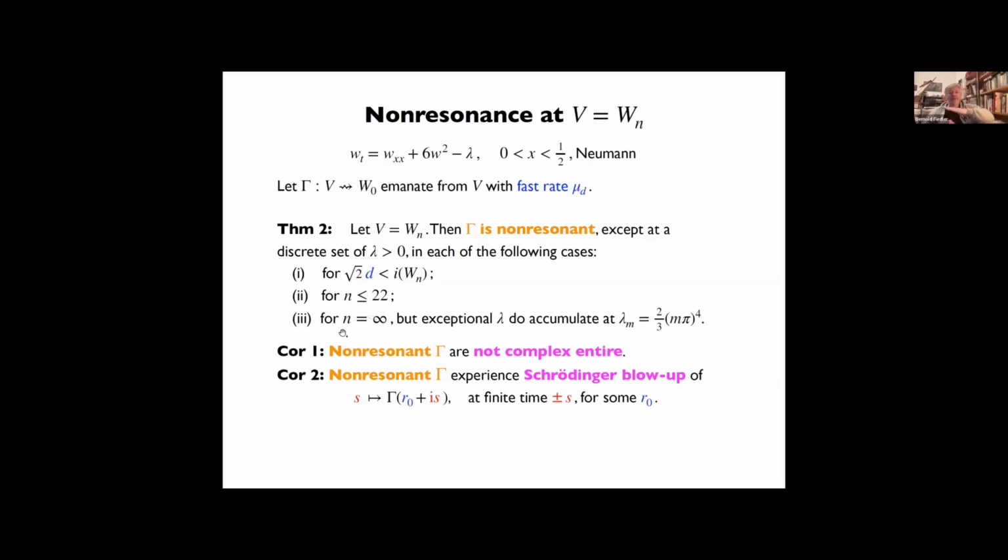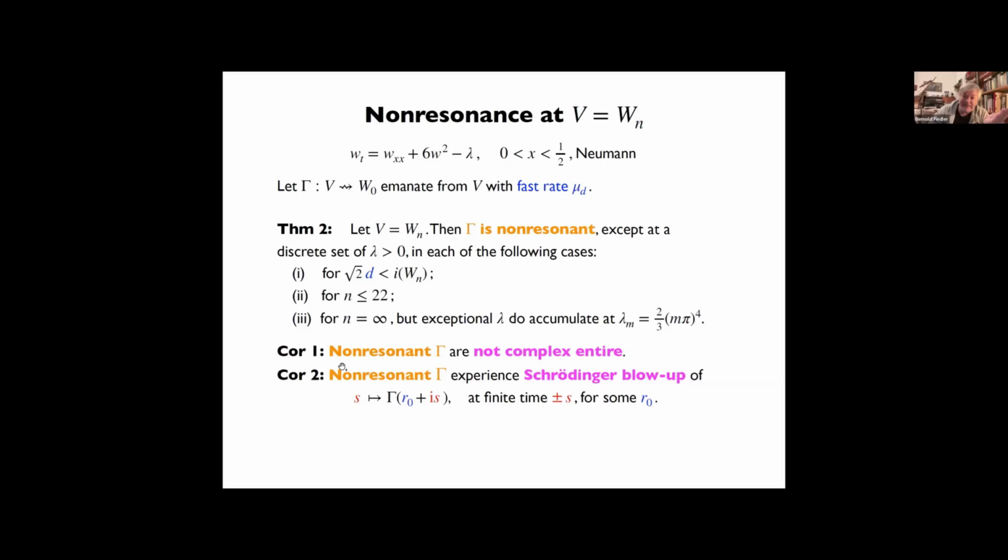And for the homogeneous solution, it always works, except for a discrete set of lambda, which in the case of the homogeneous solution does in fact accumulate at the bifurcation points. So with this locally finitely many, or a discrete set accumulating at bifurcation points of exceptions, the following holds true. These gammas are resonant.